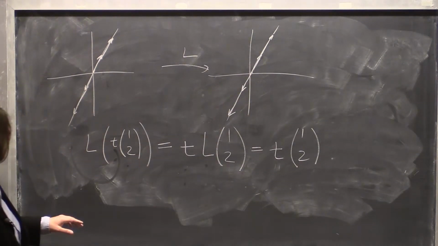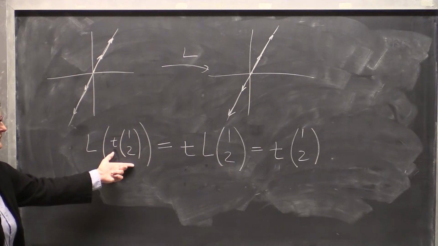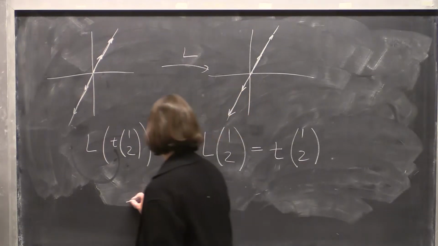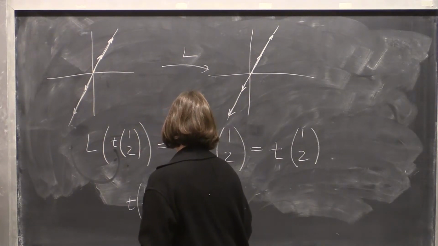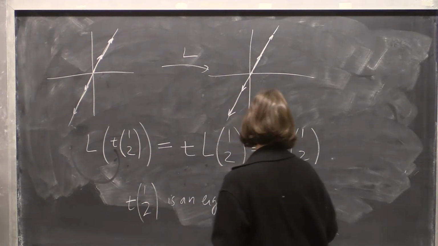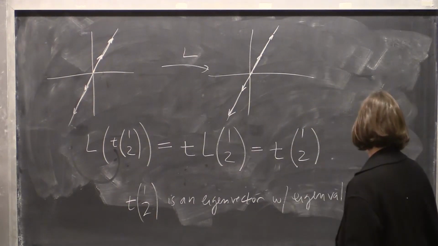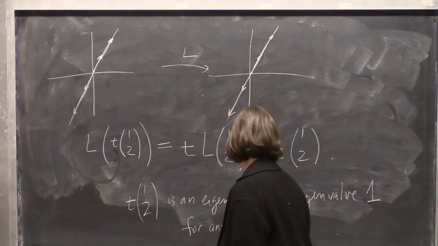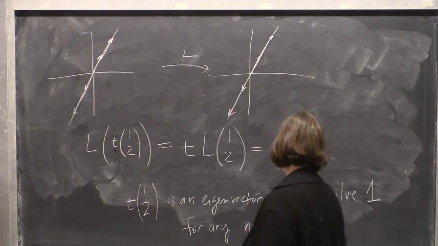So I've just figured out that L of t times (1, 2) is t times (1, 2). So t times (1, 2) is an eigenvector with eigenvalue 1 for any non-zero t. And I'll get back to that in a moment.